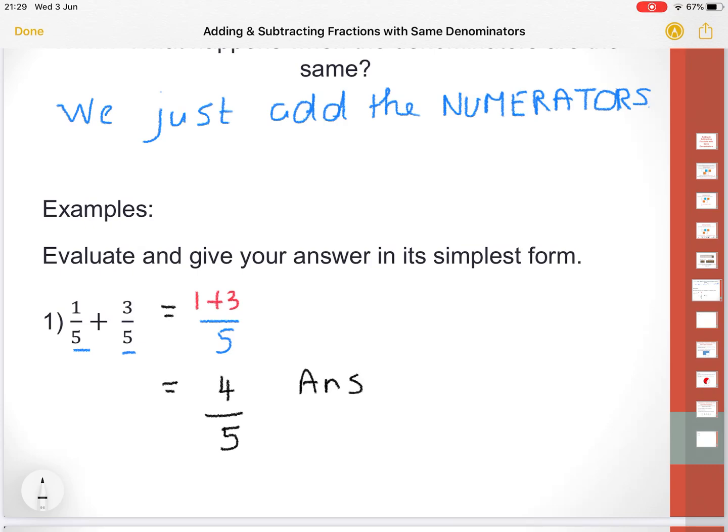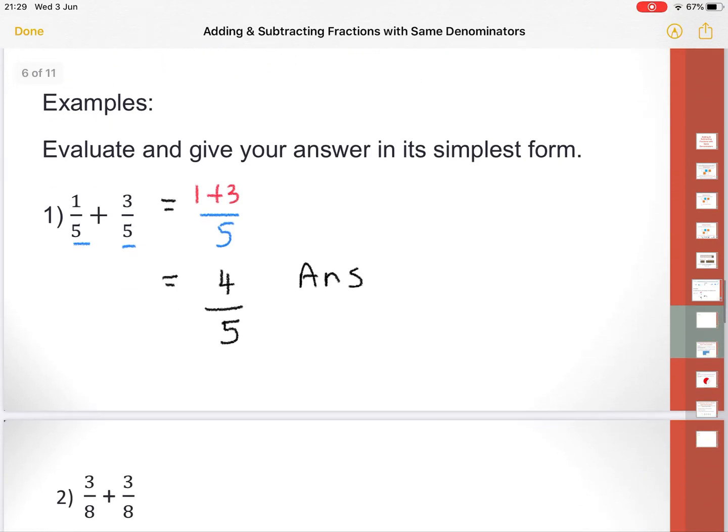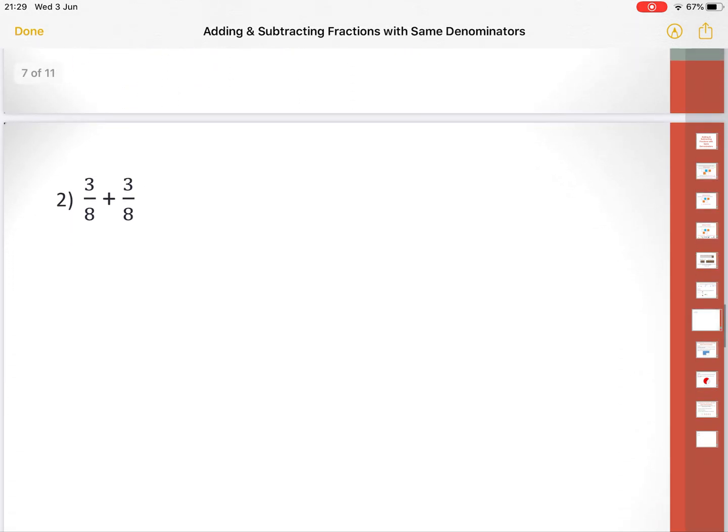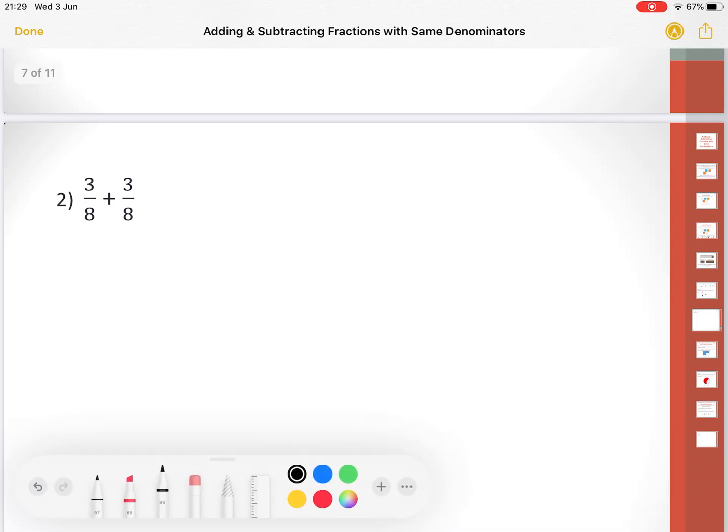All right, boys. Now, let's work another example. We have 3/8 plus 3/8. Now, the denominators are the same, all right? So the number of parts that the diagram is divided in remains 8, all right?